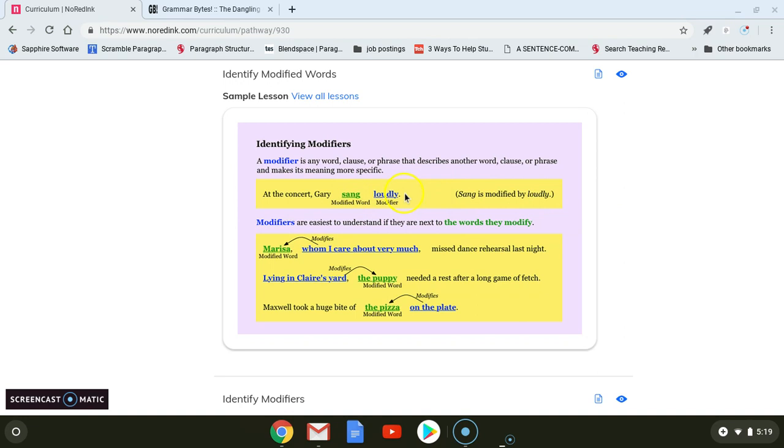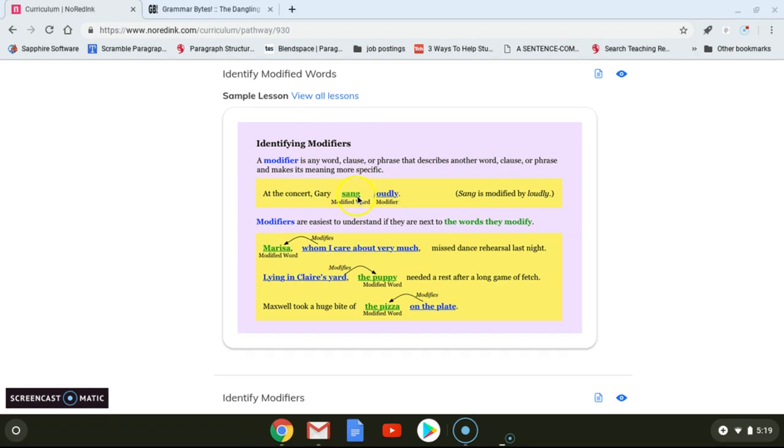Well, as we see in this example, the modifier is right next to the target, which is the correct place. So modifiers should be next to the word or phrase they modify. The modifier could come right before or right after the word being described. Here, our modifier comes after the target.